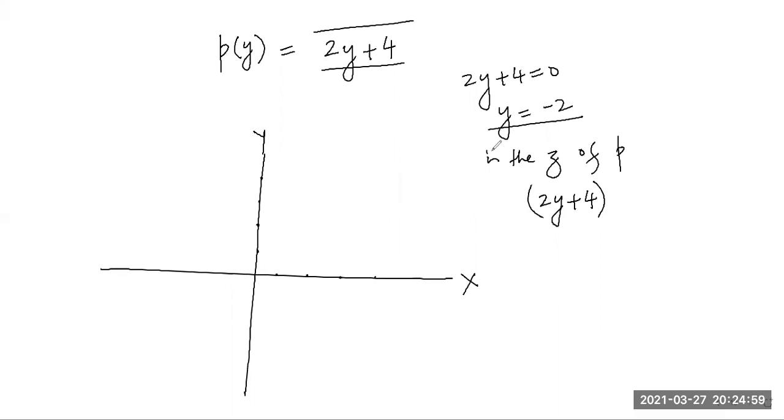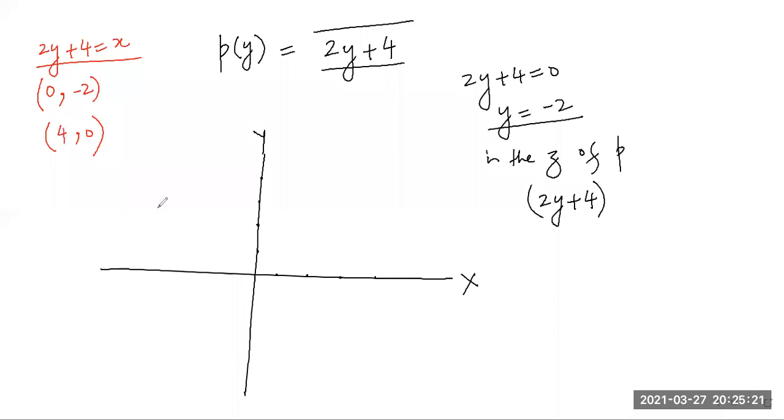Well, we've taken 2y plus 4 is equal to x. This is the way to plot this. So when x is equal to 0, what is the value for y? Can you tell? That will be minus 2, right? When y is equal to 0, what is the value for x? 4.